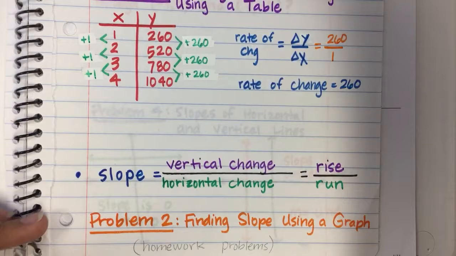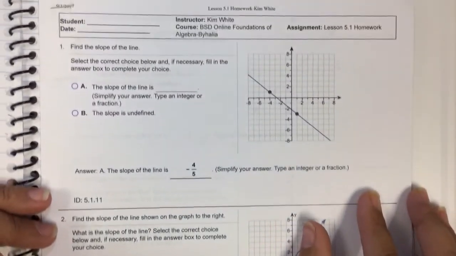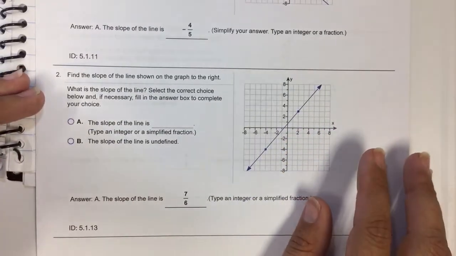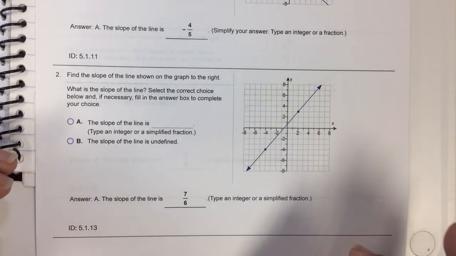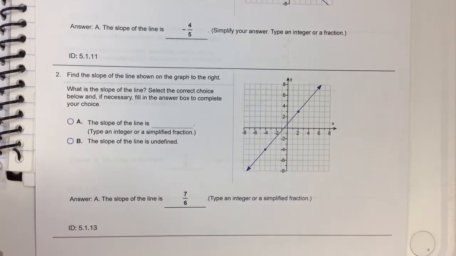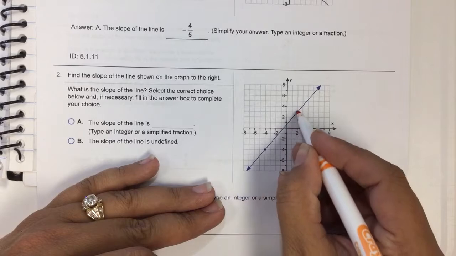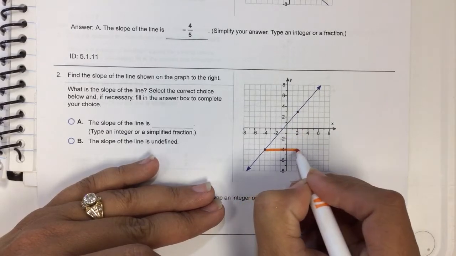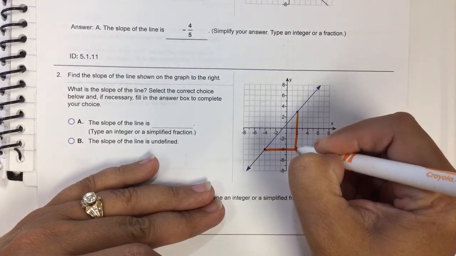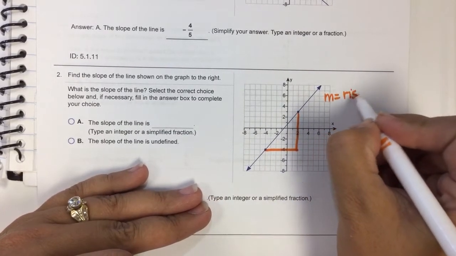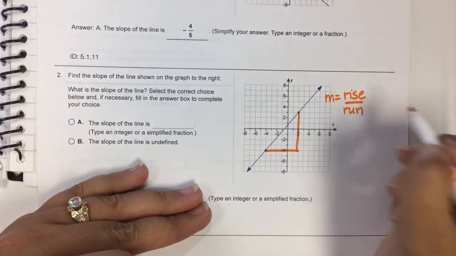All right, and I'm going to show you how to find the slope using a graph by looking at some of these example problems from your homework. So let's start with this one. To find the slope, we're going to look at the vertical change over the horizontal change. So here I've got 2 points, and I'm going to create a triangle out of those 2 points. And we can also reference this as rise over run.